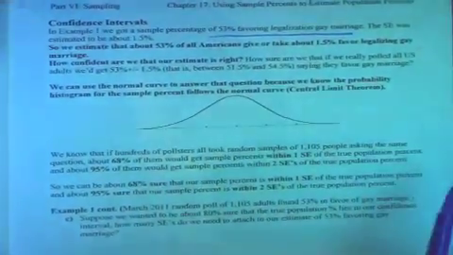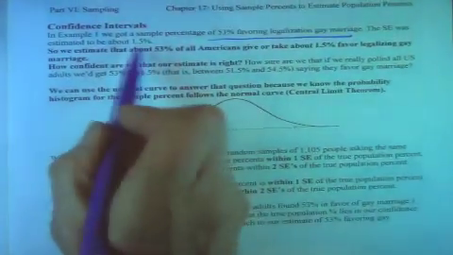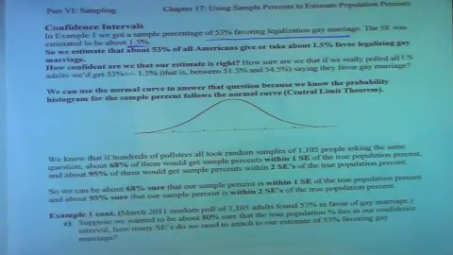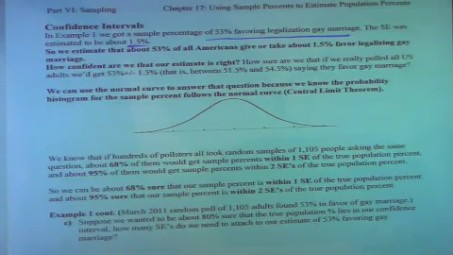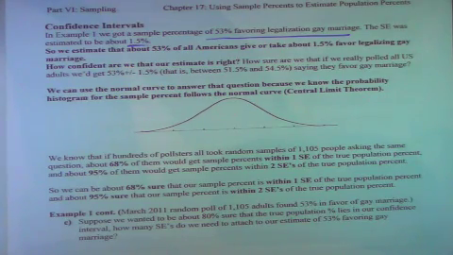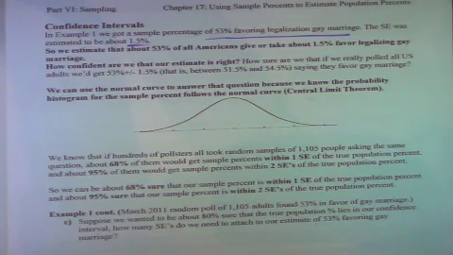We got 53% favoring legalization of gay marriage, and we've got this standard error, okay? Now, this is really important, so everybody pay attention now. We've got this standard error, and how can we use that?